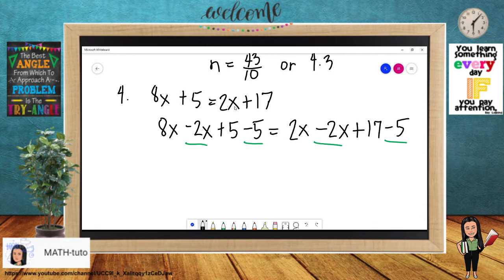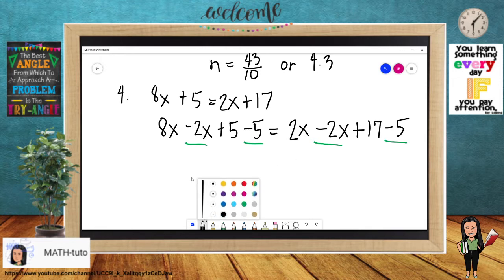Okay. And then, we subtracted 5 to both sides of the equation to eliminate 5 on the left. Okay? So, again, subtracting a number is the same as adding the negative of a number. So, ang ginamit natin dito is addition property of equality.